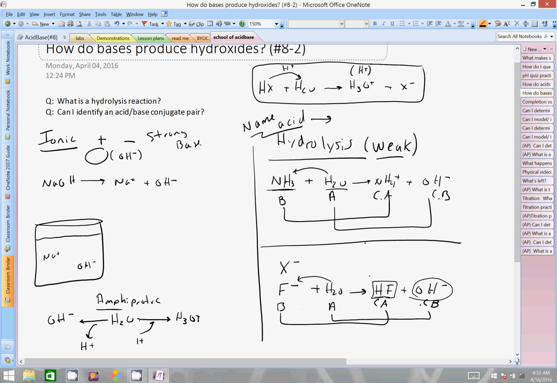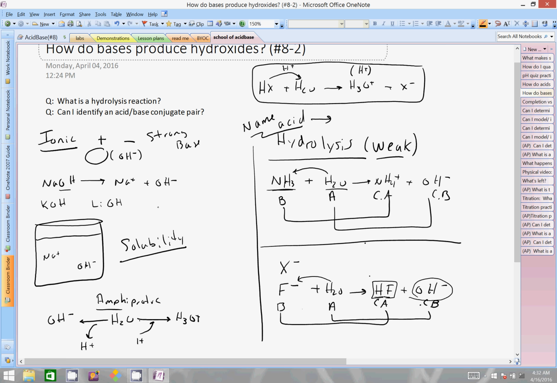But in some sense, this is purely based off of solubility. Hydroxides generally aren't very soluble. There are a couple of them that are very soluble: sodium hydroxide, potassium hydroxide, maybe lithium hydroxide.